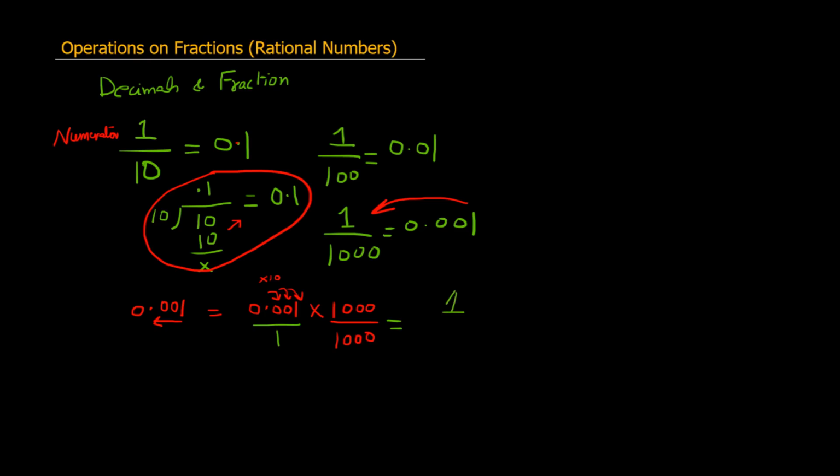Our plan was to move the decimal from this point and bring it here. Therefore we multiplied it with 1000. So we got 1 there, and on the denominator 1 multiplied by 1000 is 1000. You see, this is the way we got the answer.